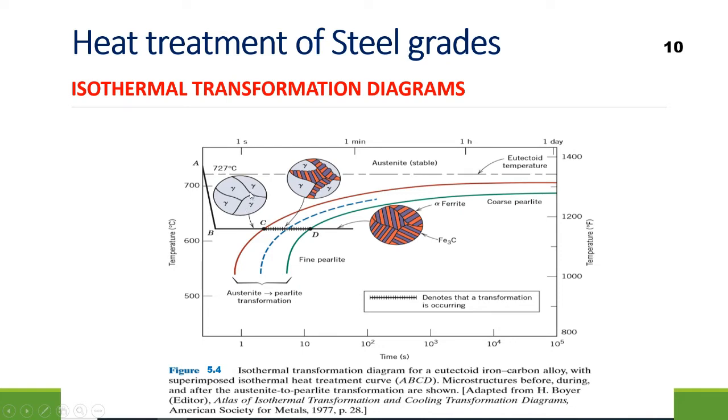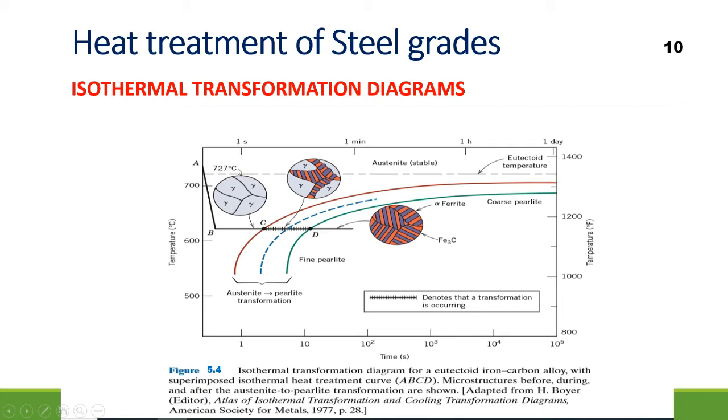It's a complete solid phase, and as we know, austenite gets unstable and starts transforming at something near 700, and before that you can see austenite is stable, and this is the unstable phase of austenite.